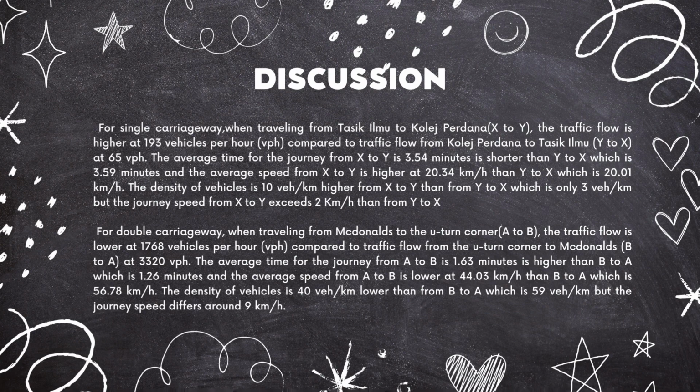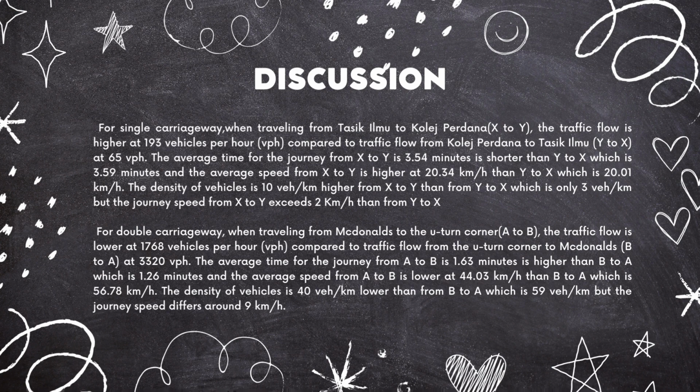For the discussion of this test drive, for the single carriageway, when travelling from Tasik Ilmu to College Perdana, X to Y, the traffic flow is higher at 193 vehicles per hour, compared to the traffic flow from College Perdana to Tasik Ilmu, the opposite, Y to X, at 65 vehicles per hour. The average time for the journey from X to Y is 3.54 minutes, shorter than Y to X, which is 3.59 minutes.